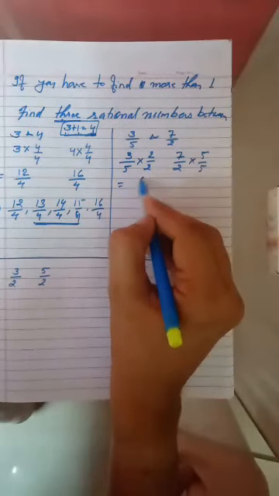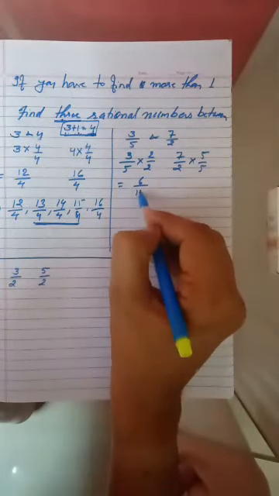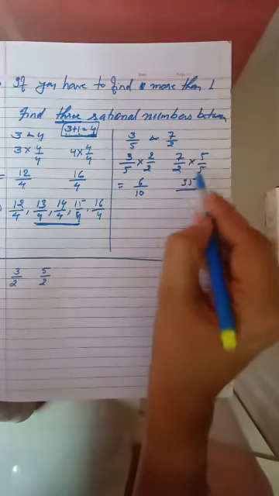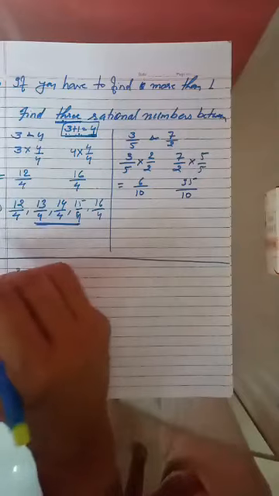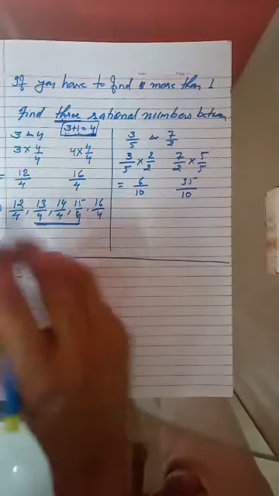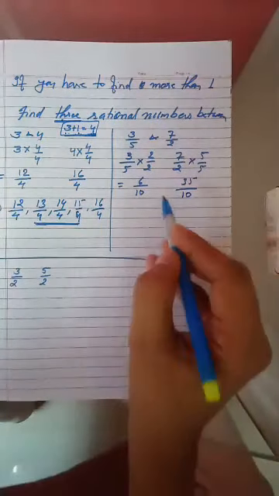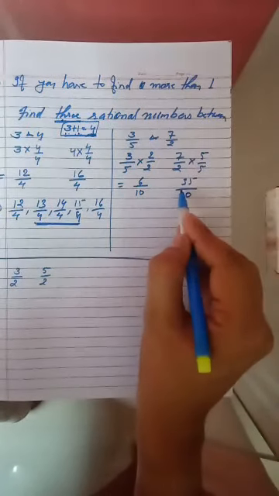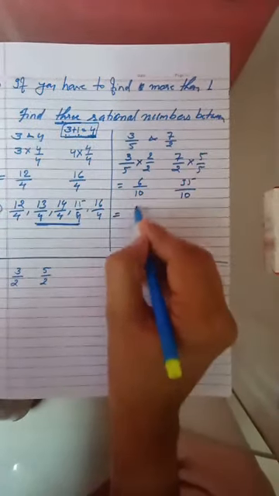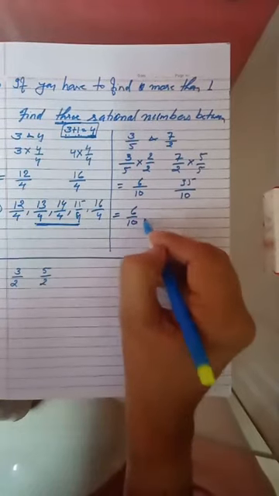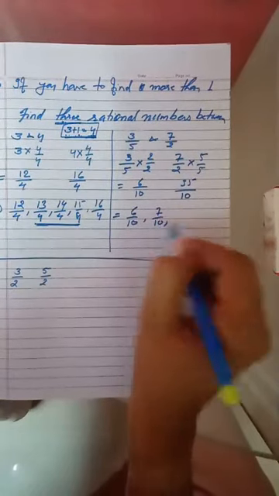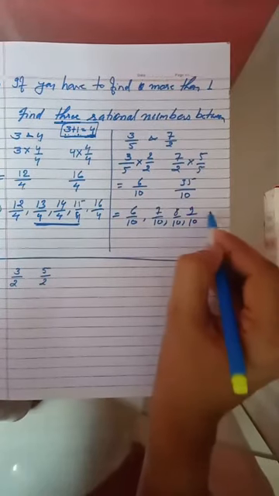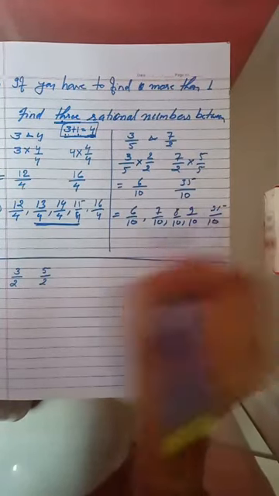3 multiplied by 2 is 6, 5 multiplied by 2 is 10, 7 multiplied by 5 is 35, 2 multiplied by 5 is 10. Okay, now you have to find out three rational numbers, but you can find so many rational numbers between them. So you can write any number between them, that is 6 upon 10, 7 upon 10, 8 upon 10, 9 upon 10, then after that 35 upon 10.